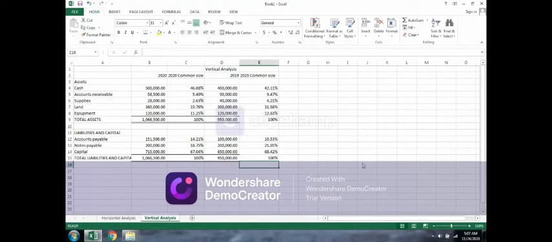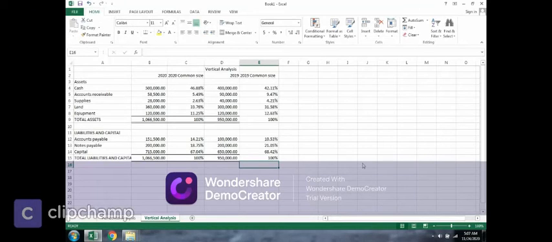Try to compute the land. So the correct answer is 33.76%. That is from 360,000 divided by 1,066,500.